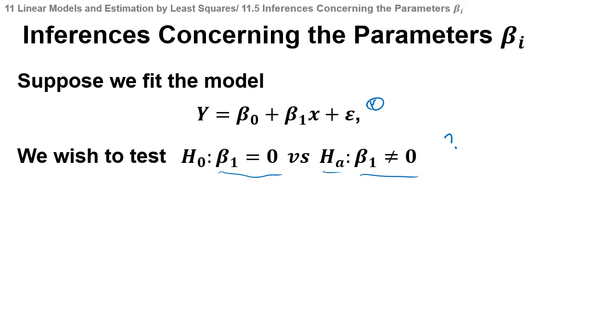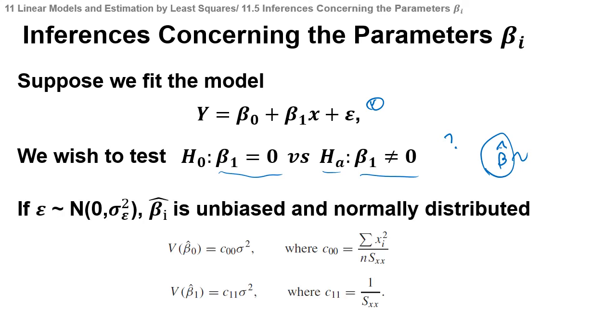To do these types of inferences, we need additional assumptions. We have an estimate for beta, which is beta hat, but we don't know the distribution of beta hat. However, if we know that the epsilon part follows a normal distribution with mean zero and variance sigma square, then we can show that beta i hat is unbiased and normally distributed.